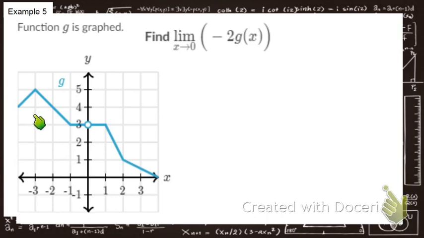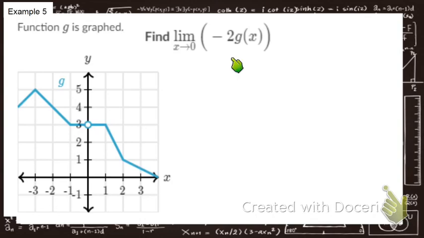Essentially, all it means is to take all the y values and multiply them by -2. So this point, instead of being at -3, 5, would have been at -3, -10. If I multiply 5, the y value, by -2, it would come all the way down to -10. This one, instead of being at 2, 1, would have been at 2, -2. So all it does is take the y values and multiply them by -2.